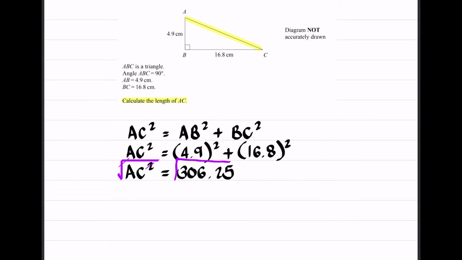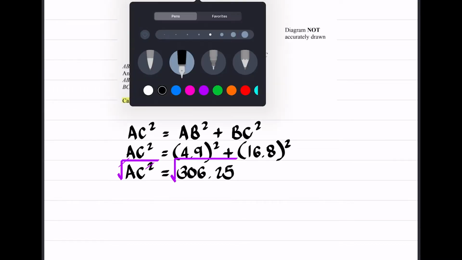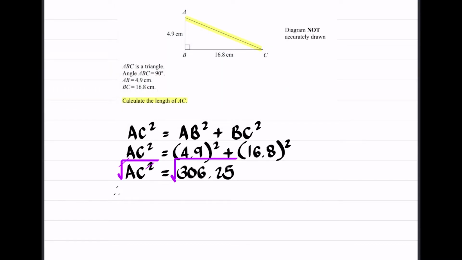What I do to the one side, however, I must do to the other side, so I'm going to square root the right hand side as well. So therefore, the square root of AC squared gives me AC equal to the square root of 306.25, which gives me an answer of 17.5, carry down your unit, centimeters.